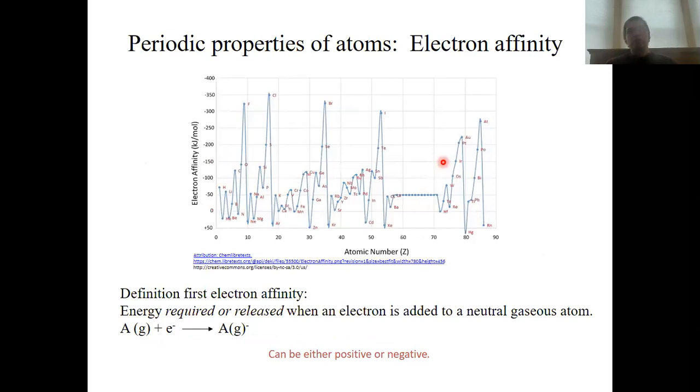So the electron affinity is defined as the energy required or released, okay, to add an electron to a neutral atom in the gas phase. Okay, so first of all, it's important to note that we are again looking at an isolated atom in the gas phase.